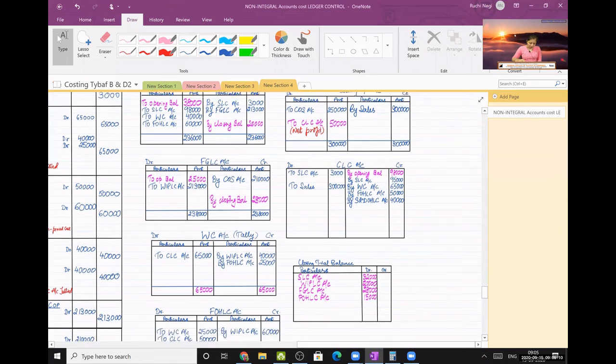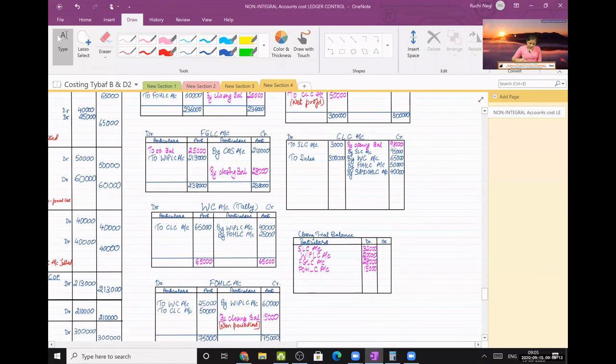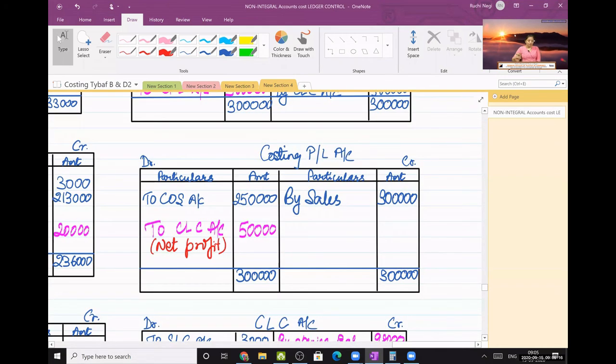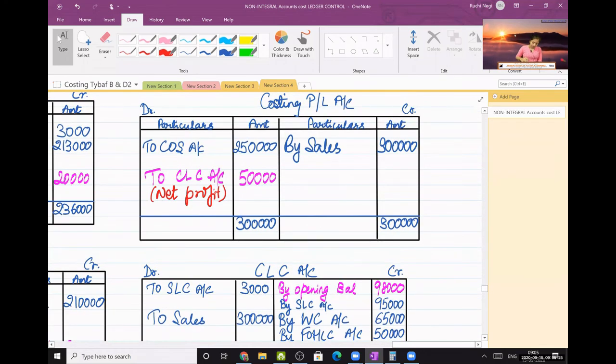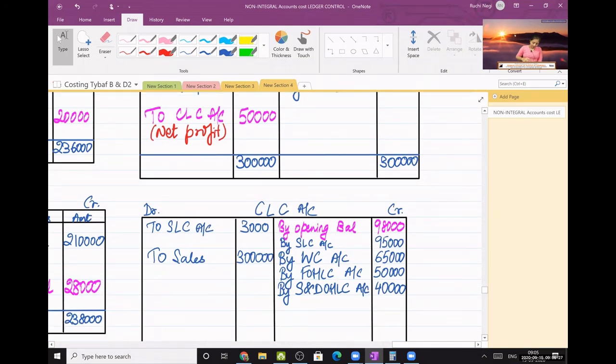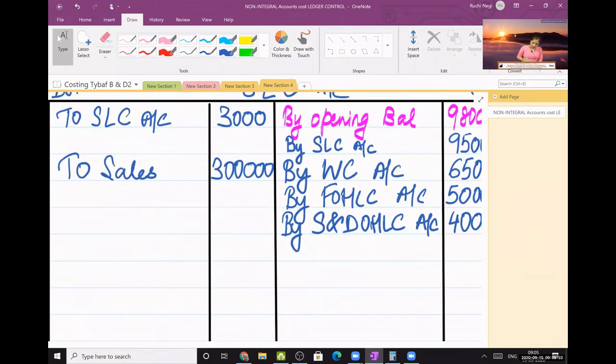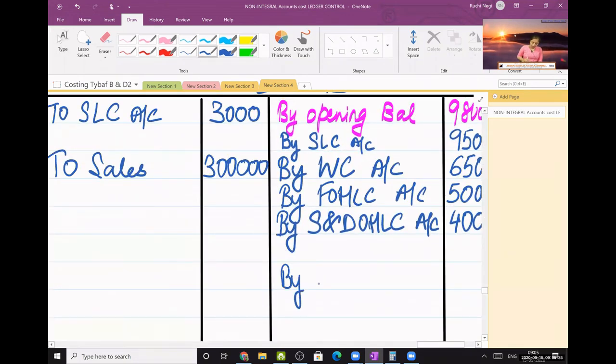So last lecture, we did this part. Costing P&L account, we took the balance to obviously CLC or GLA. That was the net profit which was transferred. Okay, we'll give the second effect. 50,000 का second effect. Give it in CLC on the credit side. So write by costing P&L account or CPL, right?